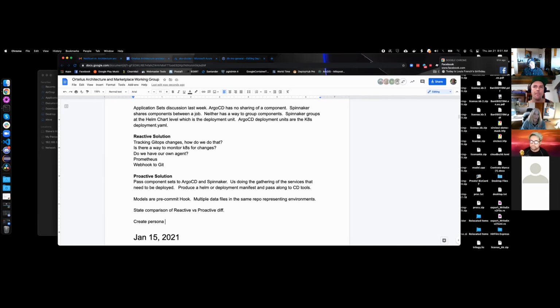So we want to create a persona around the pipeline itself, or what do you think a couple of the personas are, or what an environment is? I think there's a couple of parts of it. There's an environment, there's a collection of environments for promotion, and then there's the pipeline which handles that.